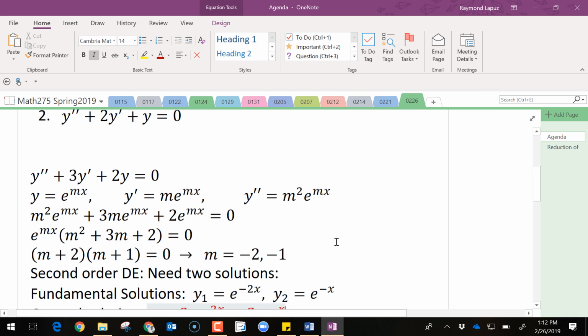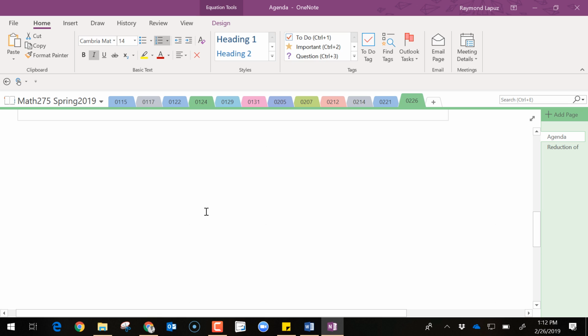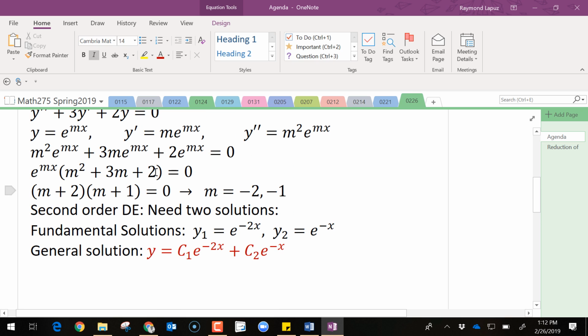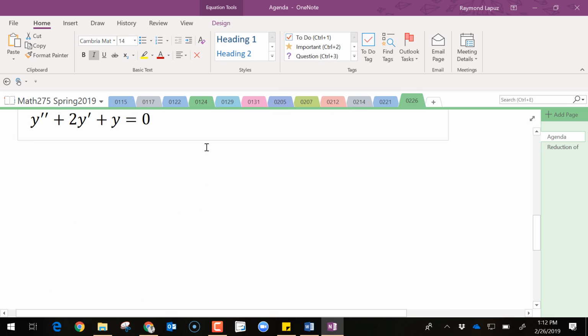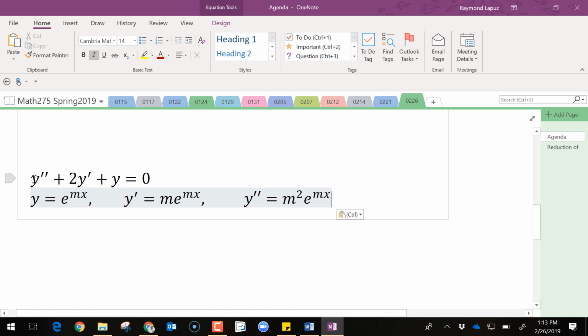Let's do the second one real quick. So e to the mx, if mx is a solution, then I'll need all this piece of information and say, hey, we're going to be doing the same thing over and over again, right? We're going to use this thing, and then we're going to come up with a quadratic.